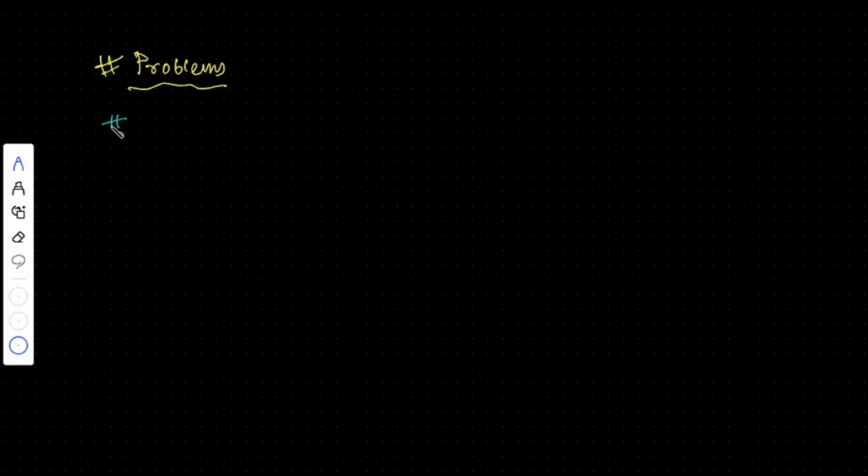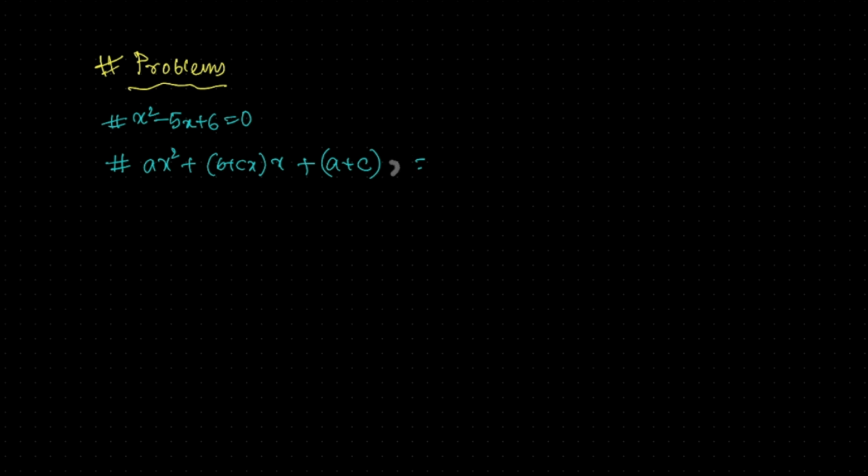The first problem given to you is x square minus 5x plus 6. The second given to you is ax square plus (b plus cx) into x plus (a plus c) into x equal to 0.